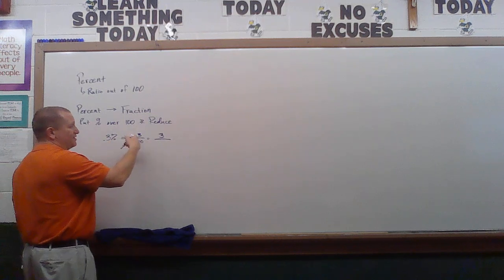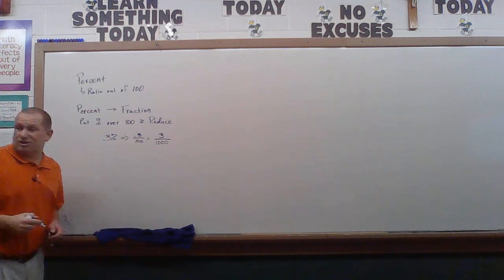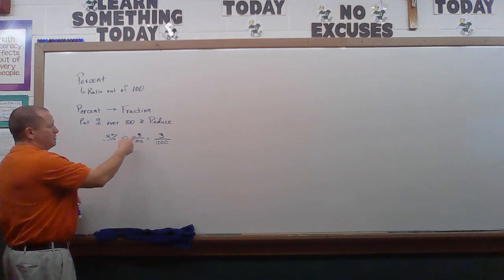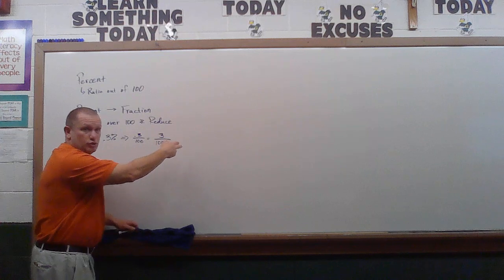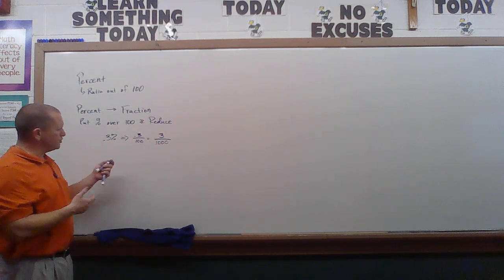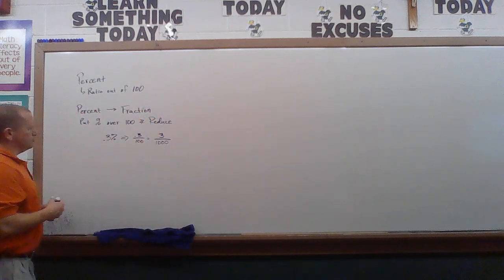Whatever I do on the top, I also have to do on the bottom. So my fraction turns into 3 over 1,000. Now, if there had been more than one decimal place, then I move it that many times and include another 0 on the bottom. That makes sense? For whatever reason, that happens to confuse some people.